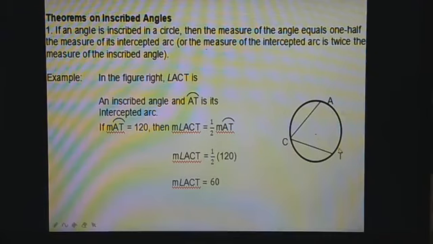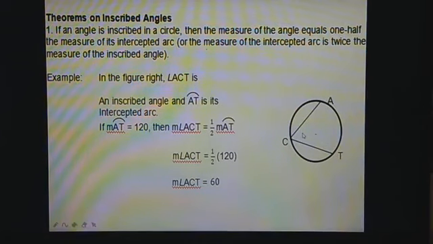If the measure of arc AT is 120 degrees, we can find the measure of angle ACT, the inscribed angle, by getting half of arc AT using this theorem. So the measure of angle ACT is equal to 1/2 of the measure of its intercepted arc AT, which is 120. Measure of angle ACT is equal to 60 degrees.